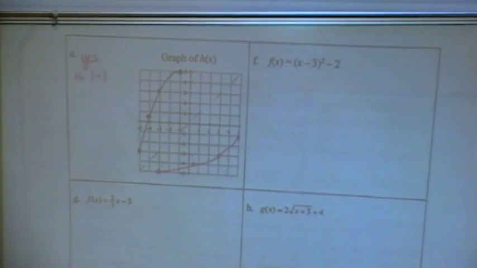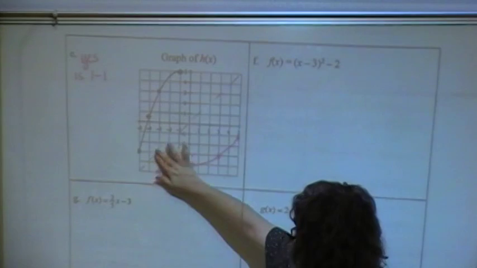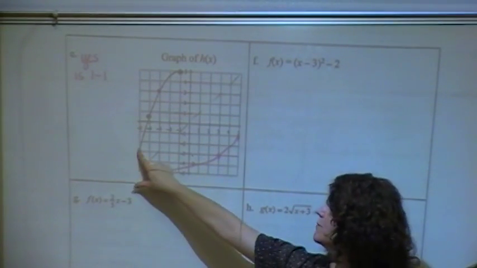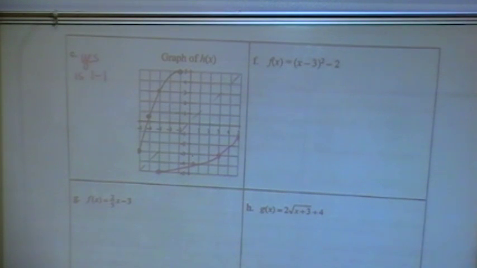So graphically, it's a reflection across the y equals x line. So it's over here. I just took my critical points and swapped them.